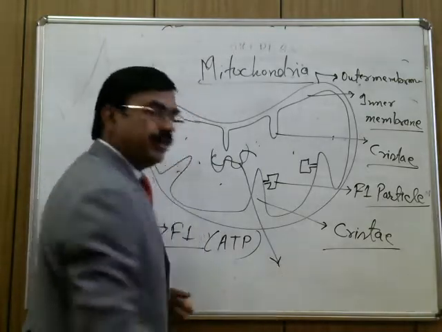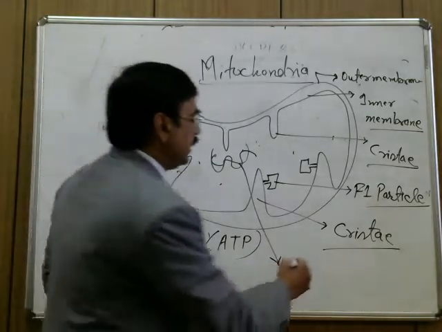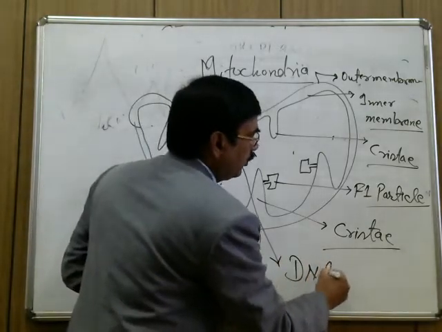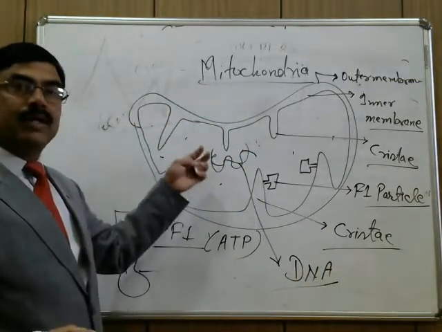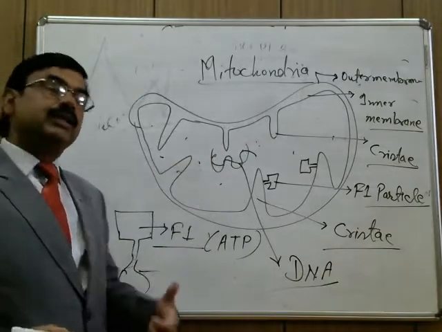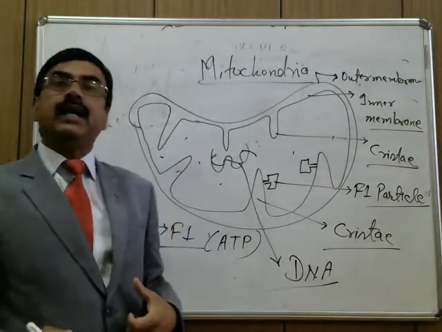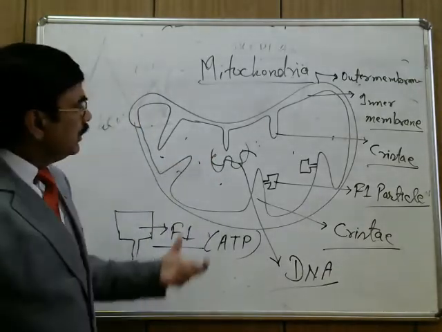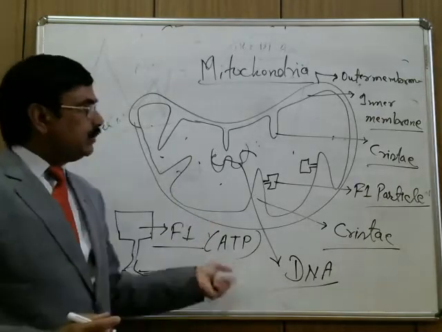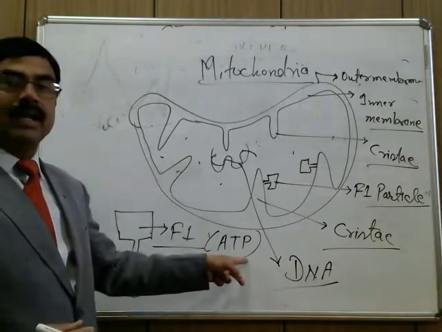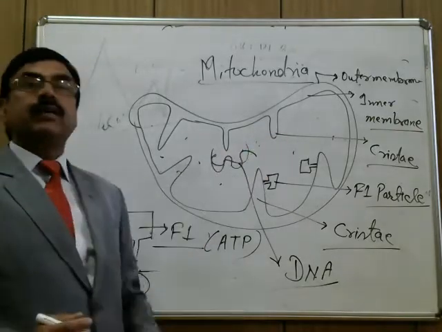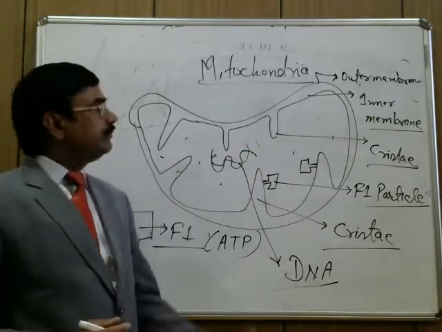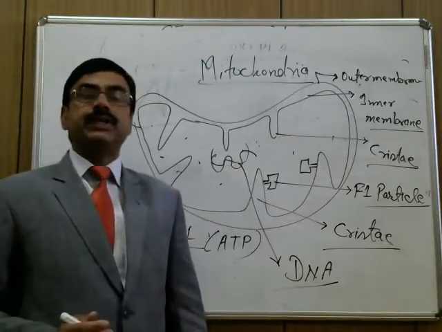This mitochondria also contains DNA, its own genetic material. Other cell organelles, except mitochondria and chloroplast, don't contain any own genetic material. So this F1 particle produces the ATP, and the F1 particle is present in the cristae.